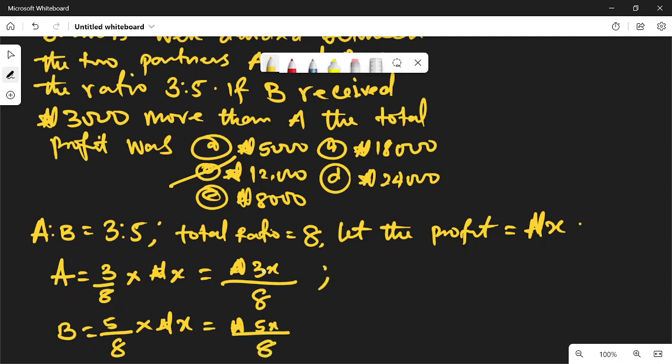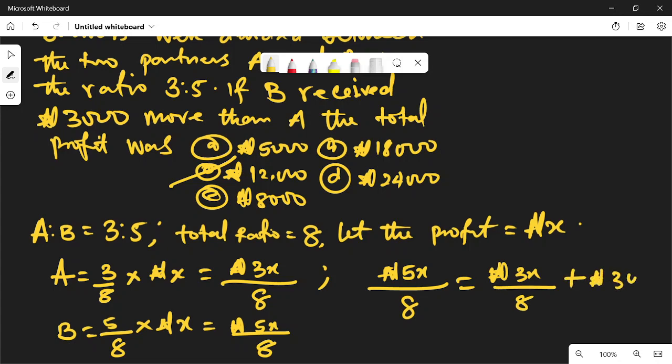Now the question states that B received 3,000 naira more than A. What it simply means is that the amount earned by B, 5x naira over 8, is equivalent to 3x naira over 8 plus 3,000 naira.